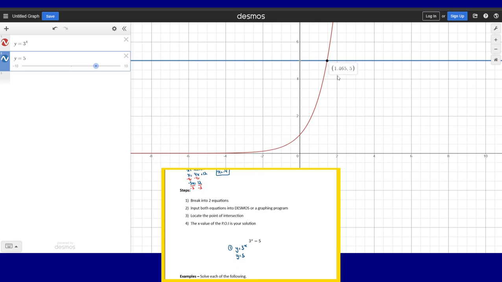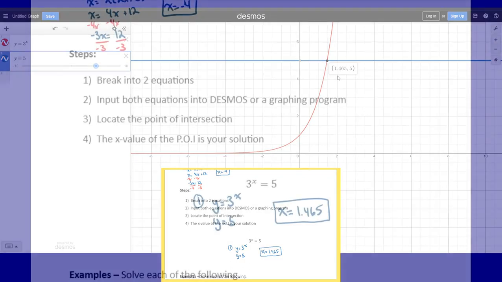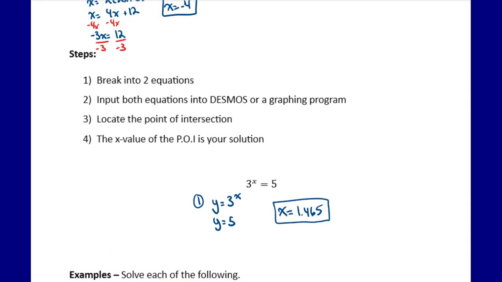The x value for this point is 1.465. So that is the solution to our equation. We have x is equal to 1.465. And that's all that we're going to be doing. That's how we solve these exponential equations using technology.